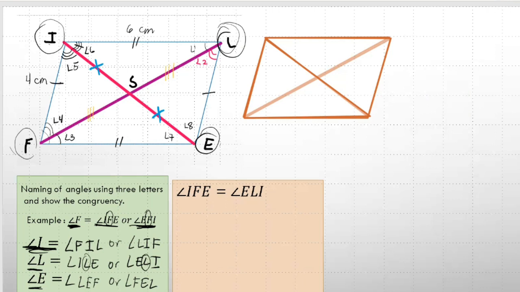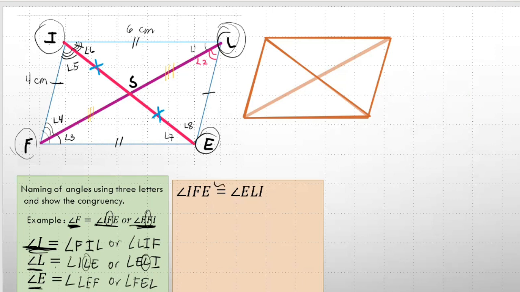Okay? So now let's have the congruency. Paano naman natin makukuha yung congruence ng ating angle? Okay? So aside sa pag-identify natin ng ating opposite angle, then we should also consider the shapes of our angles or yung dinedefine natin.